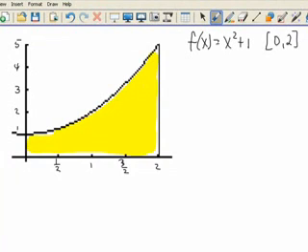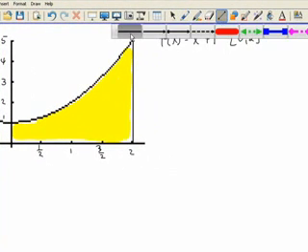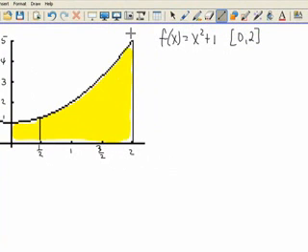So here's what we're going to do. We're going to divide this space up into 4 little strips. I just picked 4 because it was going to work nicely.